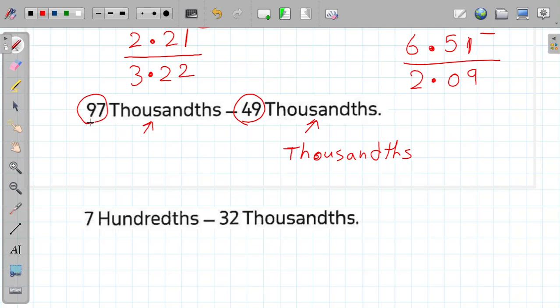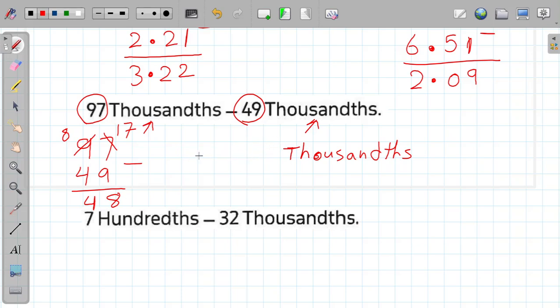I have here 97 minus 49, so I have 9, 7, 4, 9, and I will subtract as usual. Here 7 minus 9, it can't be, so I will borrow from 9, it will become 8, and 7 becomes 17. So 17 minus 9 equals 8, and 8 minus 4 equals 4.